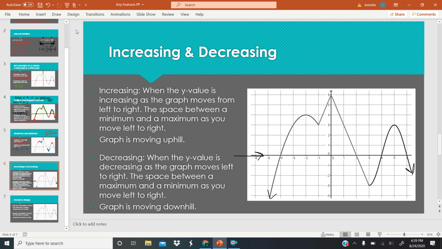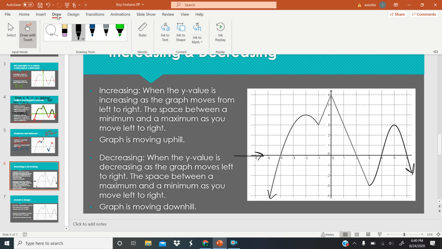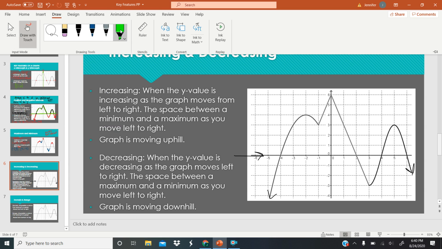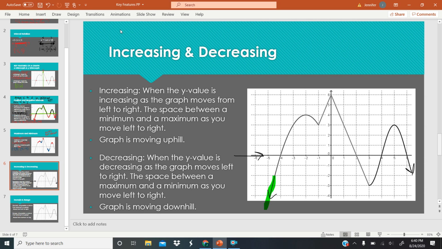So if you literally put your pencil on the graph, and let me use a highlighter. That might be a little easier. So if you put your pencil on the graph and you're moving from left to right, if you're going up like I am right now, then you're increasing.